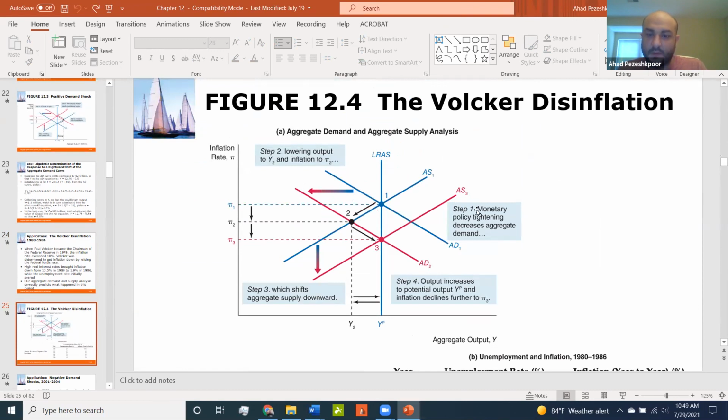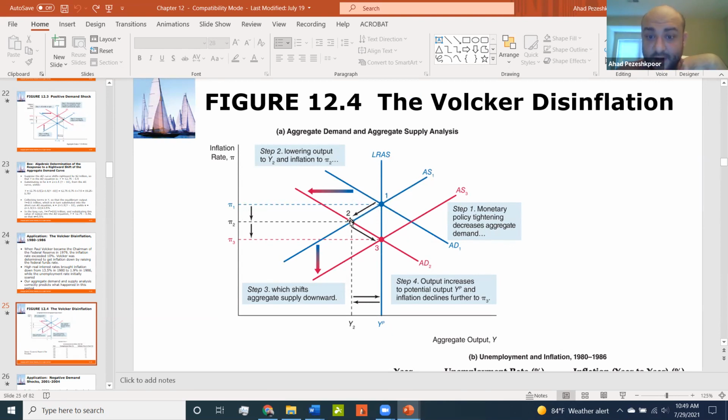First, a new person comes, lowers the inflation rate. Monetary policy tightening decreases aggregate demand. Aggregate demand goes down from here to here. Point 1, you would go to point 2. A movement along the aggregate supply.